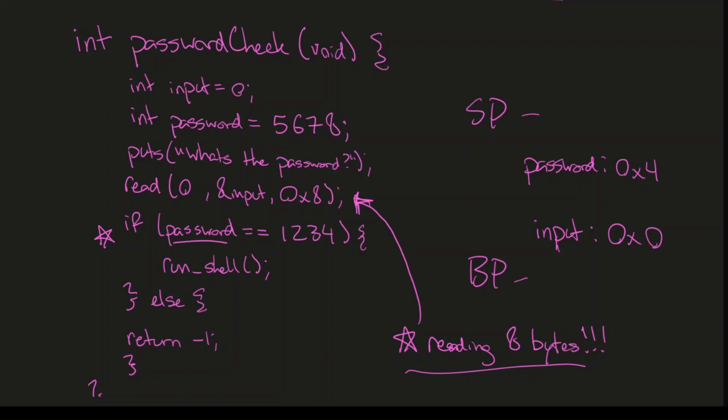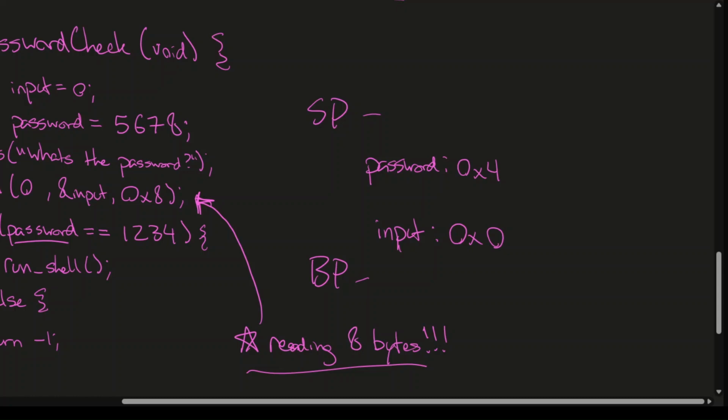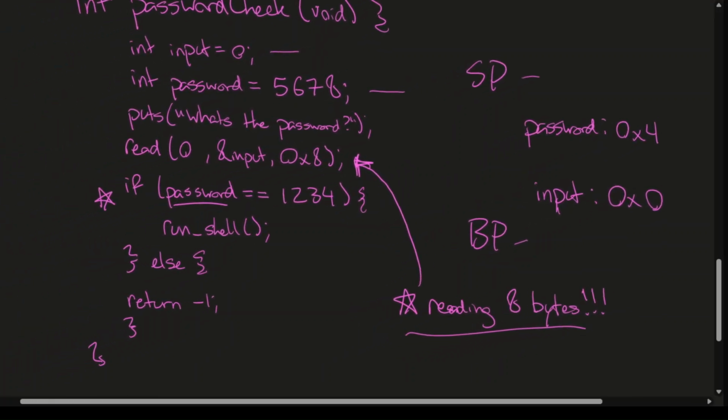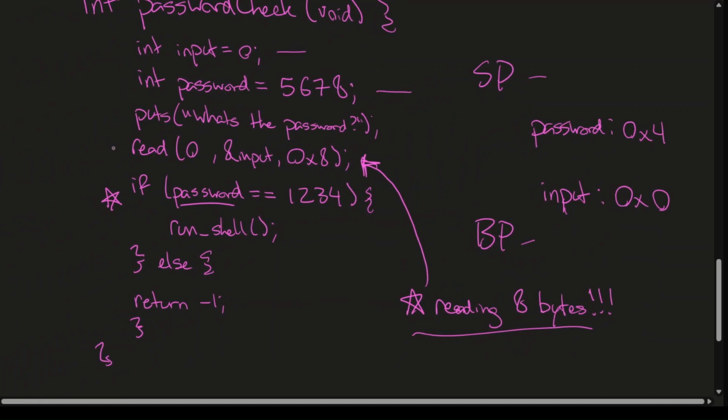So, assuming that this is being allocated, let's look at the base pointer. The base pointer would have input first at 0 and password at 4, because they're both integers, still size 4. But the most important part is notice that this is reading 8 bytes.